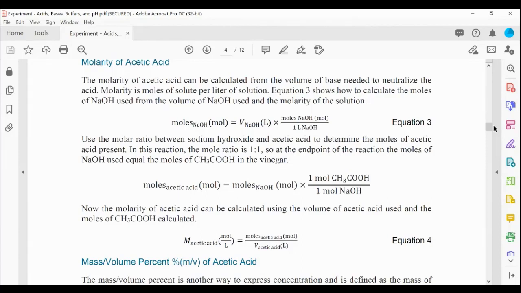How do we calculate the molarity? We have the volume of sodium hydroxide that we used from the burette. We have the molarity of sodium hydroxide, which is given, as it is our titrant, and we know the volume of vinegar that we titrated. And we know that the reaction is 1:1.